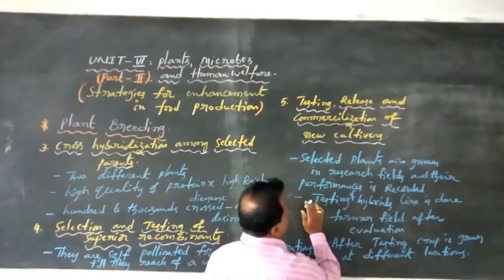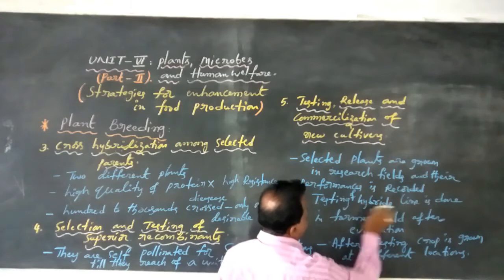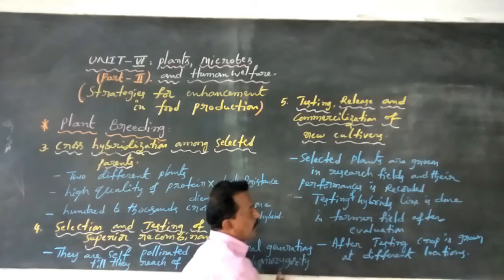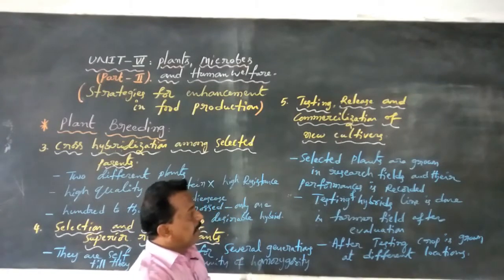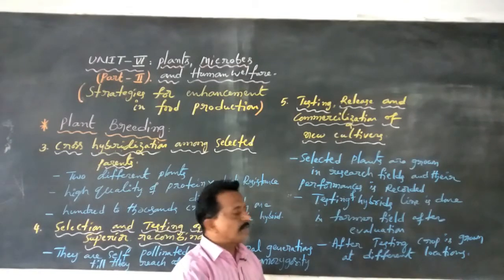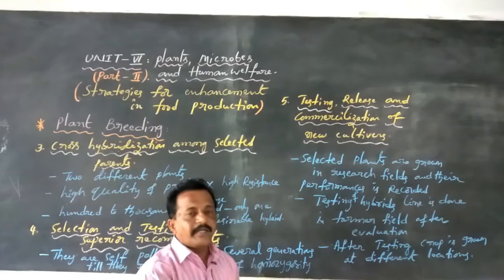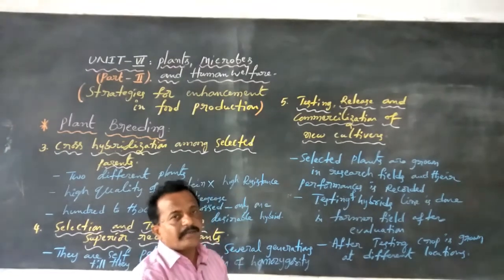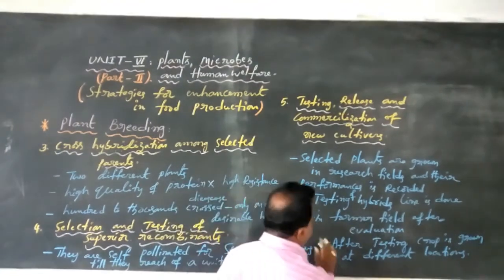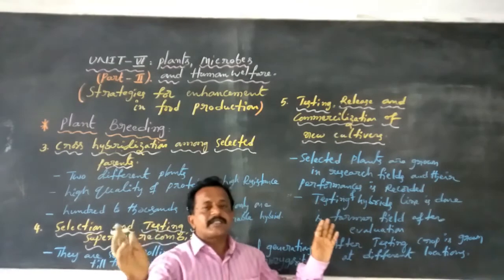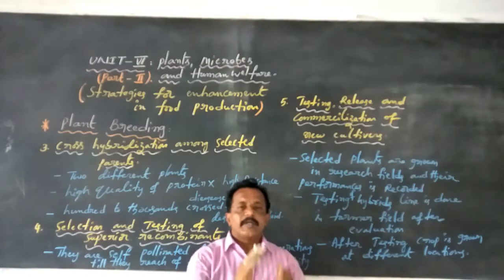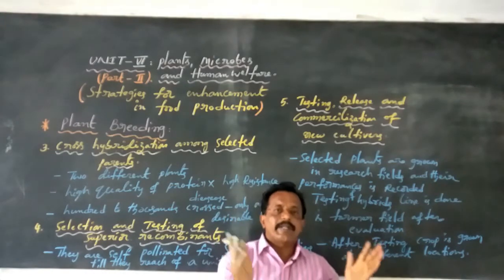Next, testing of hybrid lines is done in farmer fields after evaluation. Finally, after testing, the crop is grown at different locations in our country, in different agroclimatic zones.